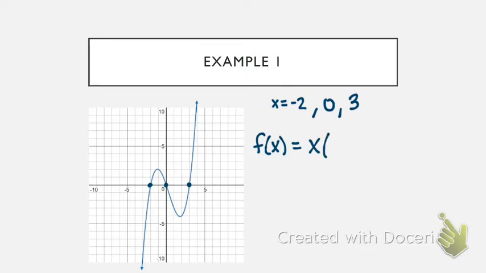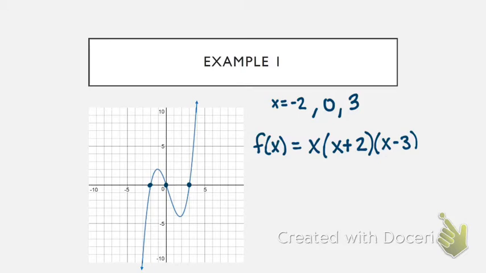An x-intercept at -2 means I have a factor in the equation of x plus 2, because remember the signs are opposite here. Then, if I have an x-intercept at +3, that means one of my factors of the equation is x minus 3.